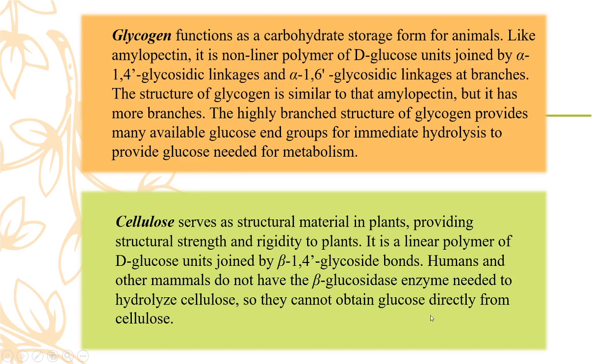Humans and other mammals do not have the beta-glycosidase enzyme needed to hydrolyze cellulose, so they cannot obtain glucose directly from cellulose. So this is brief information on the polysaccharides glycogen and cellulose.